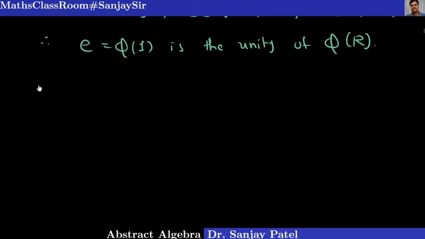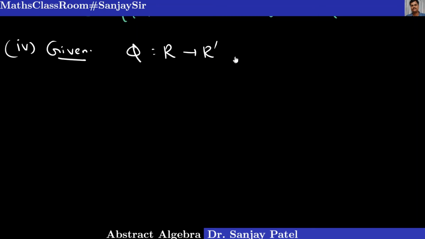And the fourth result. In the fourth result we are given that phi is a homomorphism from R to R dash and this is not a zero homomorphism. Or let me write it in short form.